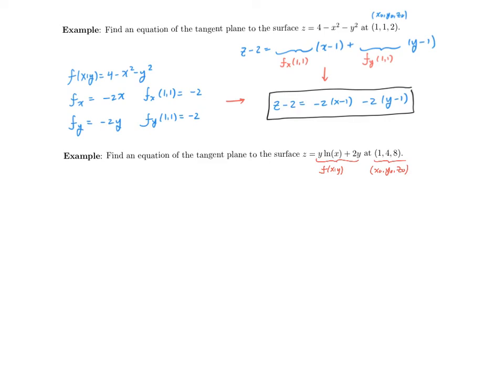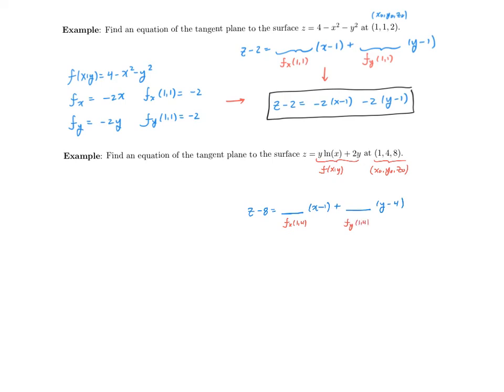So similar to our previous example, we kind of have this template we can start with. z minus 8 is equal to some number, which is yet to be determined, times x minus 1, plus some other number we need to determine, times y minus 4, where that first quantity would be the partial f sub x at 1, 4, and the second number would be the partial f sub y at 1, 4.